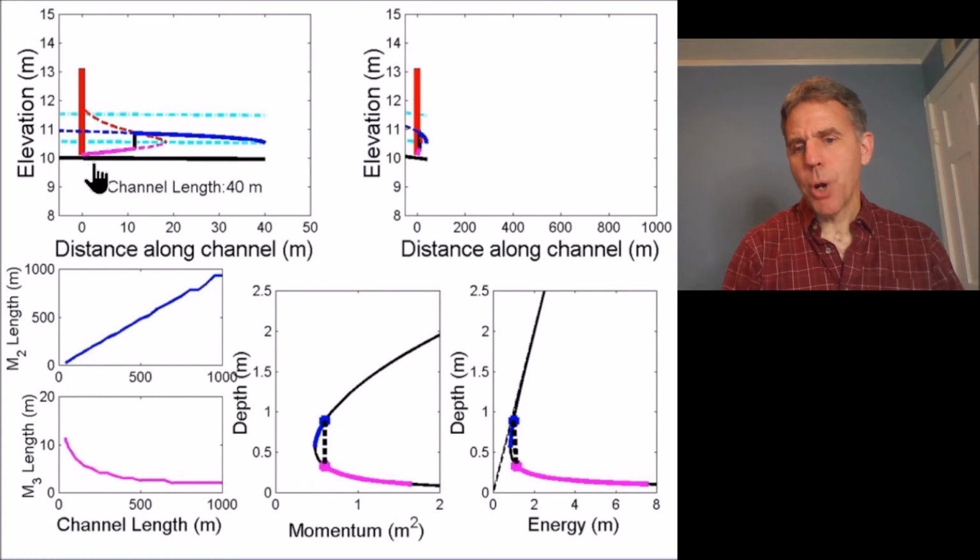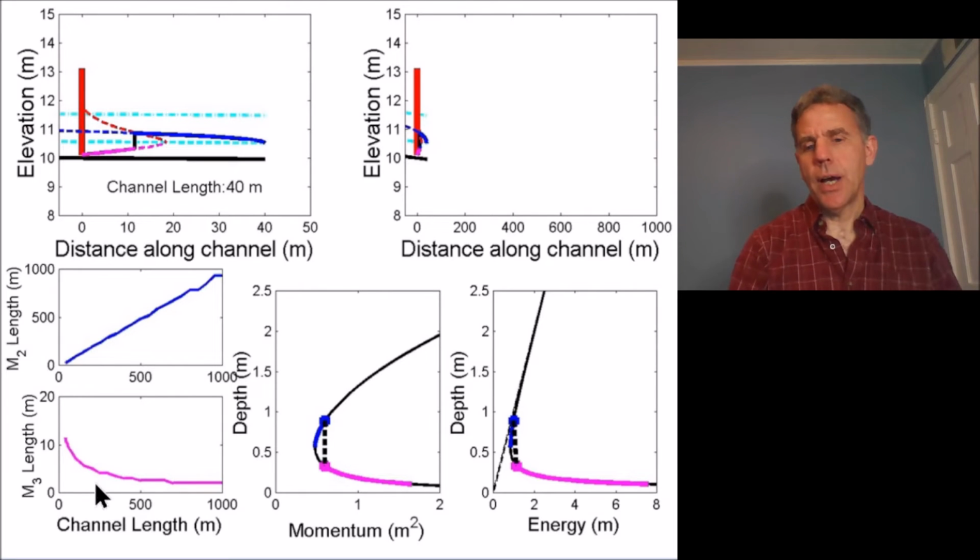And because of that, the M2 curve is getting shorter just because the channel is getting shorter. And then in a small way, you'll notice also that the M3 curve is getting longer as the jump moves further downstream. You can see that there's sort of an acceleration in the rate at which the M3 curve is getting longer.